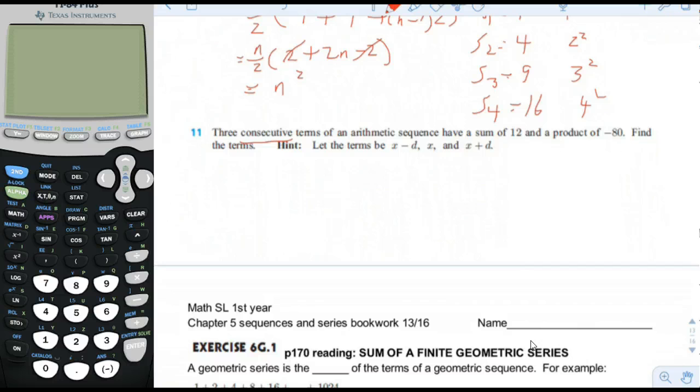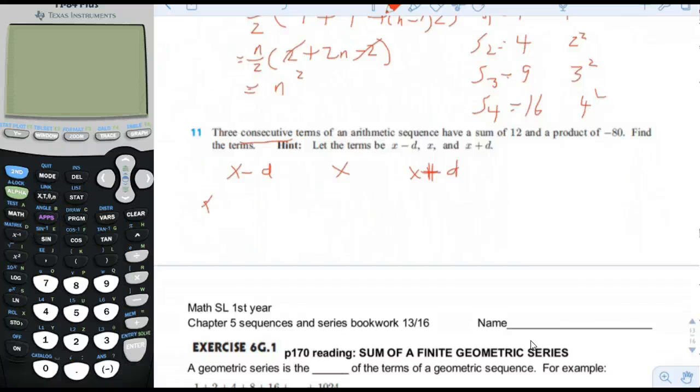11. 3 consecutive terms of an arithmetic sequence have a sum of 12 and a product of negative 80. Find the terms. Okay, so we have x minus d, we have x, and then we have x plus d. These are 3 consecutive terms of an arithmetic sequence. Now the sum of these is 12, and the product is negative 80.